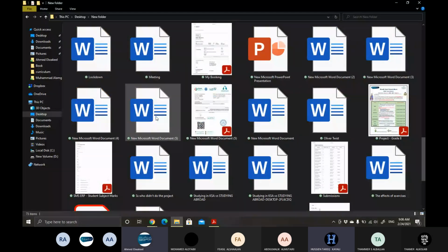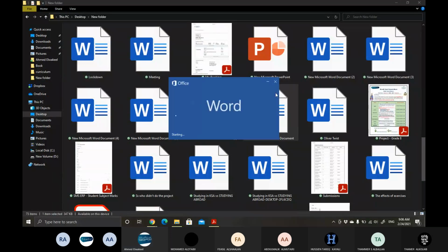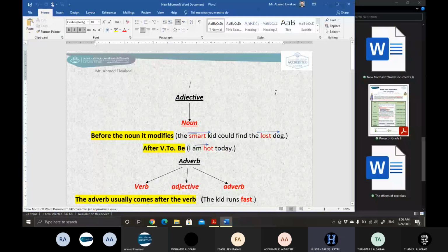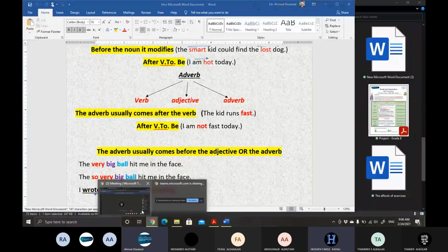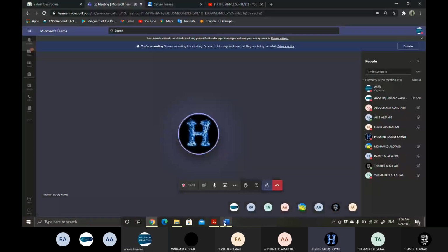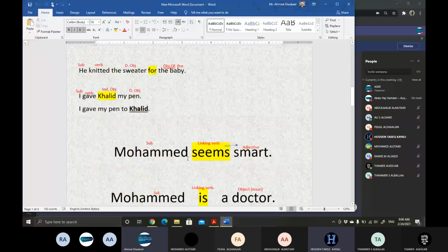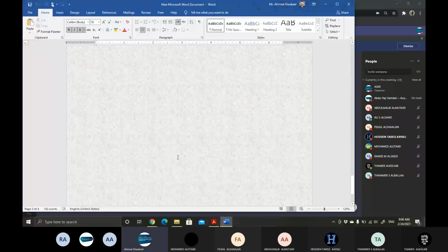So, what is the meaning of an independent clause? The independent clause contains a subject and a verb, and it shows a full idea or a full thought. Bravo.